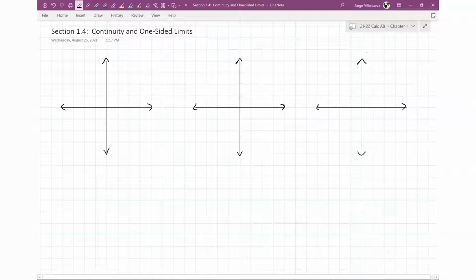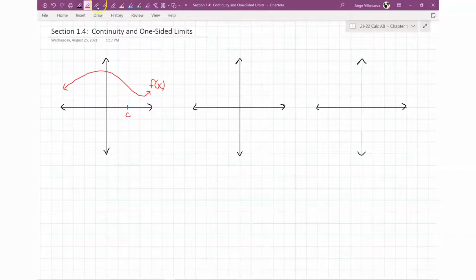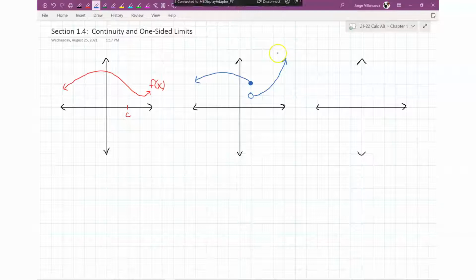Now, there's three different types of functions I want to draw. There's going to be one right here. We'll call this f of x, and we'll put c right there. Then we'll draw a different one here that looks kind of similar. We'll call this g of x.